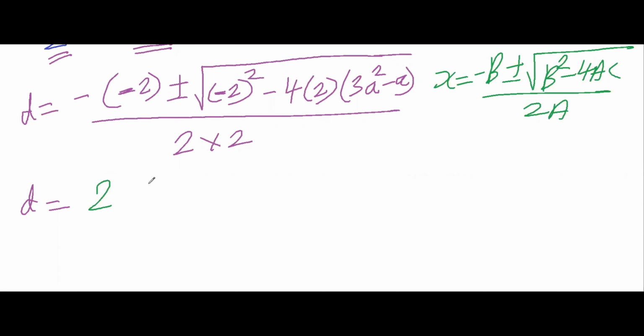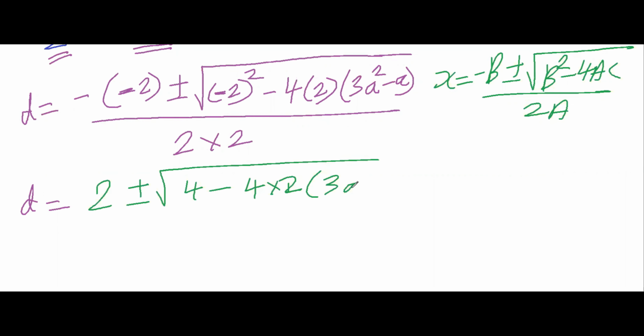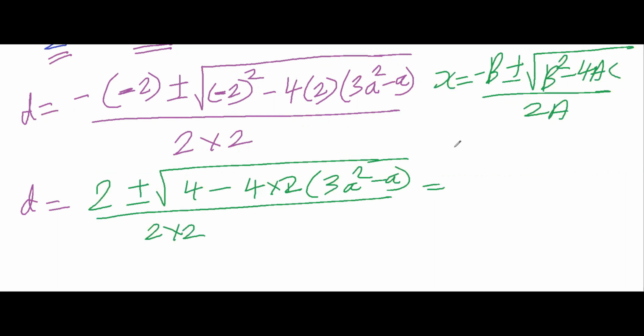So I will write here 2 plus or minus square root of minus 2 the whole square is 4 minus, let me write here 4 into 2 as it is, then 3a square minus a upon 2 into 2. Okay, from here I can take this 4 and this 4 out. Or I can take this common. So when I am taking this common, this will become 1 and this will go away, and I will get what?